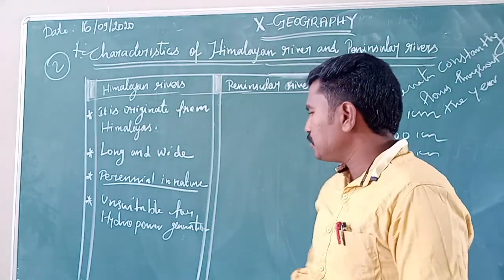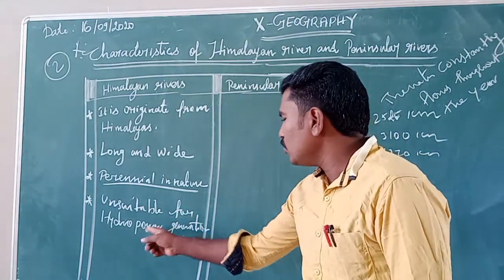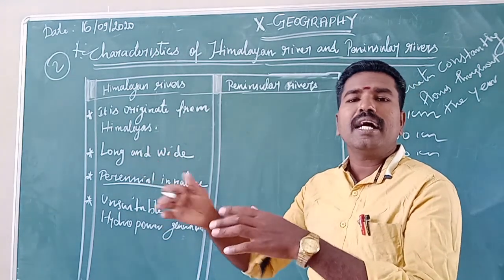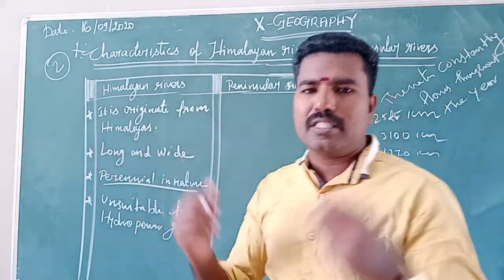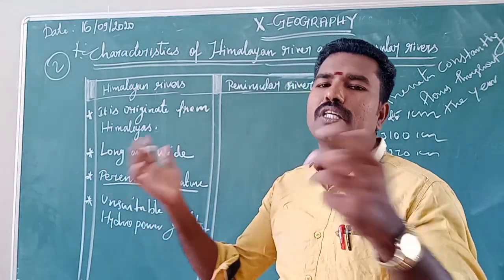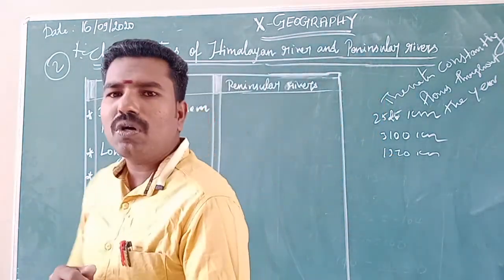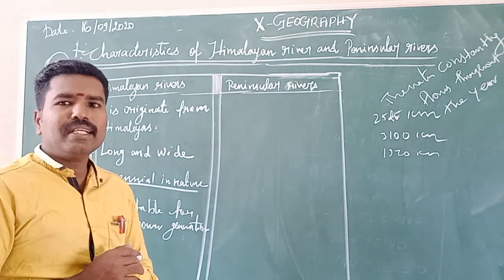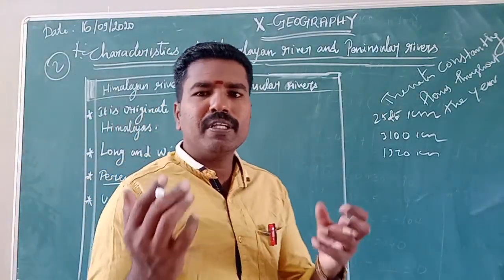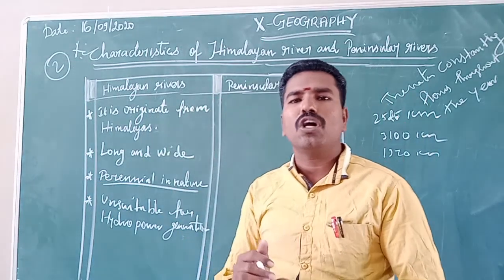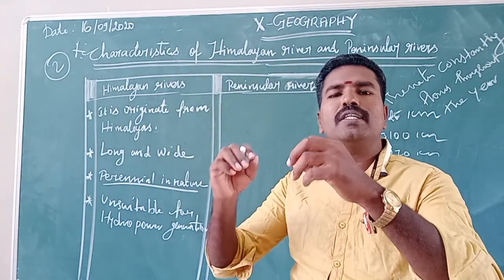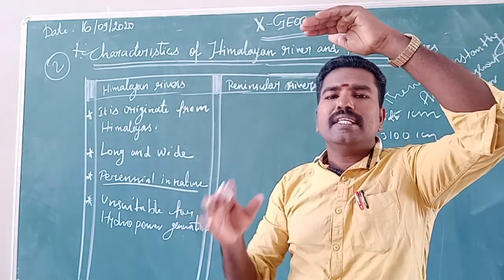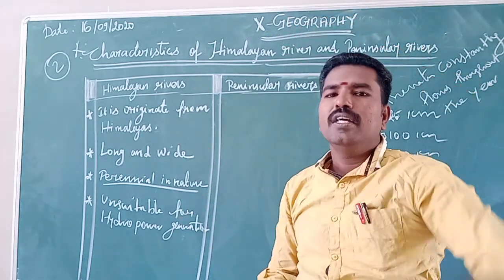It is eco-friendly electricity. Unsuitable for hydropower generation means that all the rivers start from the Himalayas, and due to the fast flow of water, it is not possible to construct a dam across the river. That's why the North Indian rivers cannot stop the water. If we want to generate electricity from a river, we should construct a dam to store the water. After storing the water, it flows from the top through the shutter, and the turbines at the bottom of the dam rotate.